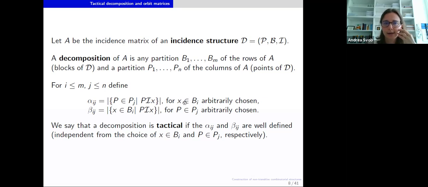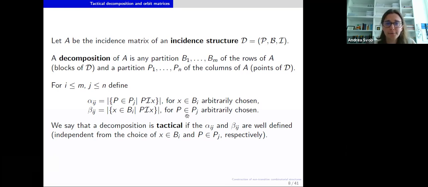Of course, the fixed block is arbitrarily chosen. In a similar way, we can count the number of blocks from a class of the block partition that are incident with an arbitrarily chosen point from one class of the point partition.